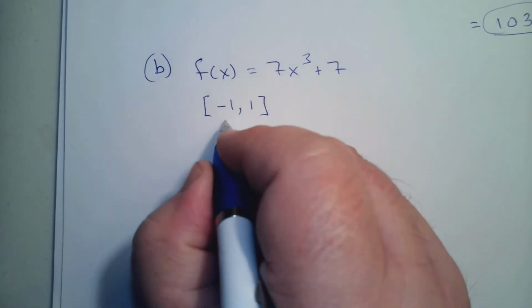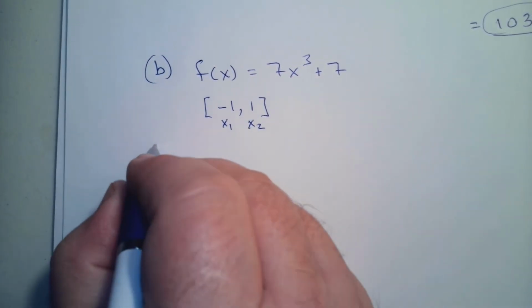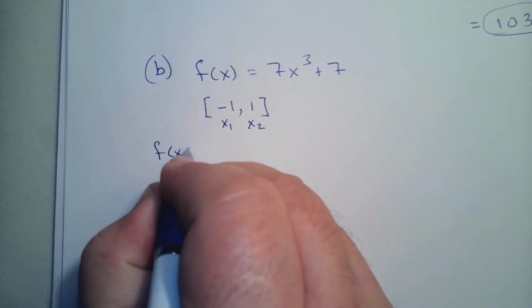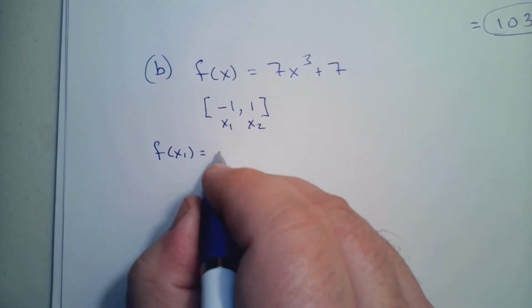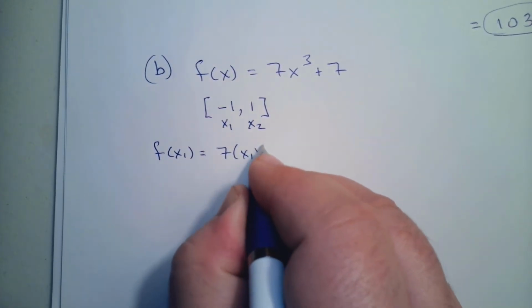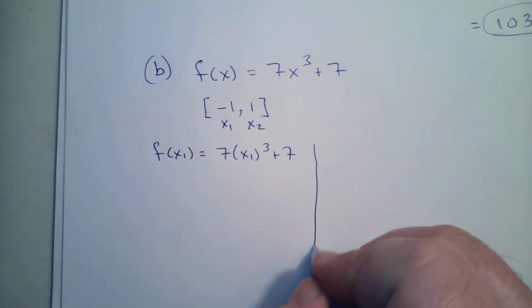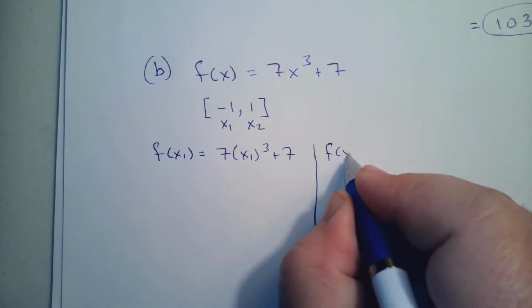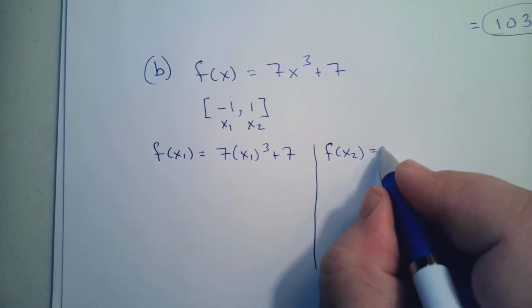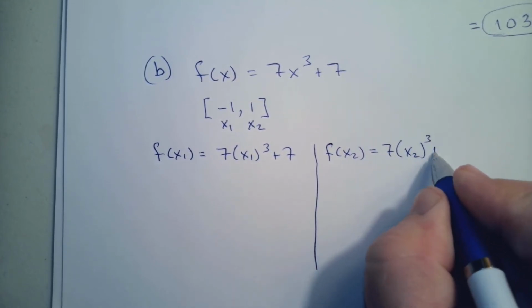So remember, this is x1, this is x2. So we have to find f of x1, 7x1 cubed plus 7, and then f of x2 equals 7 times x2 cubed plus 7.